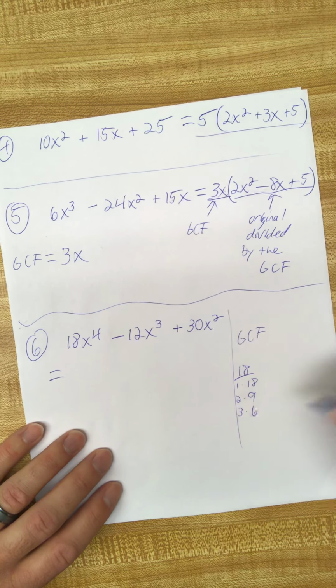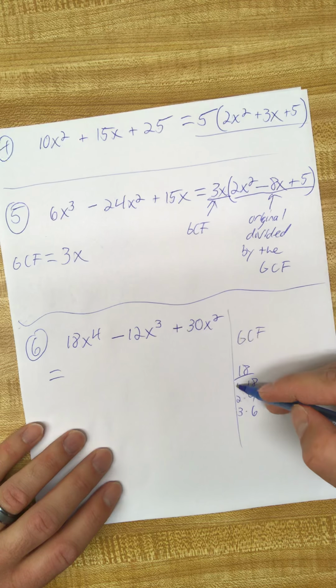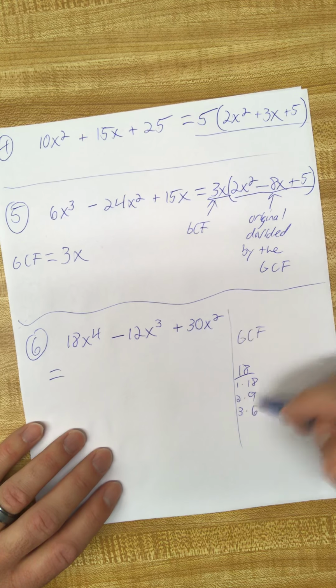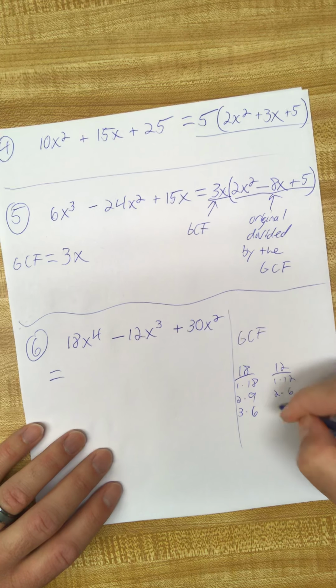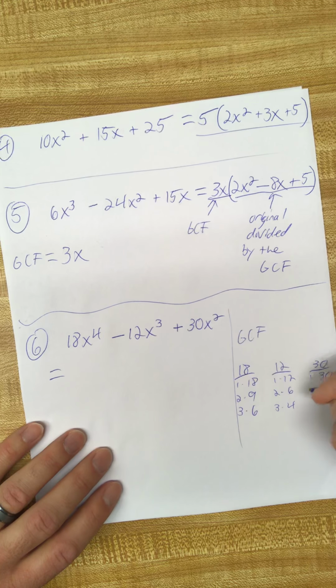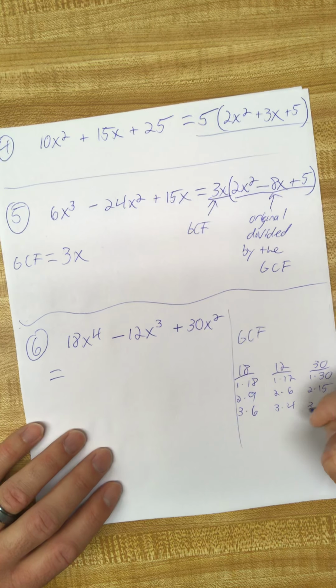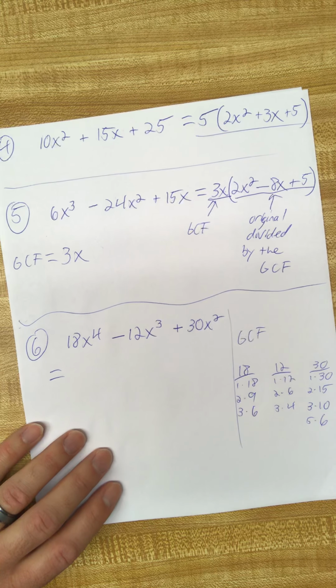Again, if you're having trouble with these factors or the coefficients, write out your factors. 18, 1 times 18, 2 times 9, 3 times 6. 12, 1 times 12, 2 times 6, 3 times 4. 30, you have 1 times 30, 2 times 15, 3 times 10, and 5 times 6.